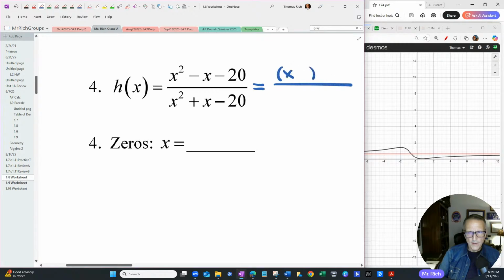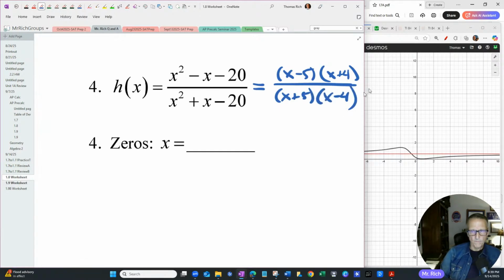So this is going to factor into x minus 5, x plus 4, and the bottom is going to be x plus 5, x minus 4. I'm not going to go into how to factor quadratics. I assume that you know how to do that fairly quickly. Well, notice that there are no factors that are going to be dividing out between the top and the bottom. I have no matching binomial factors.